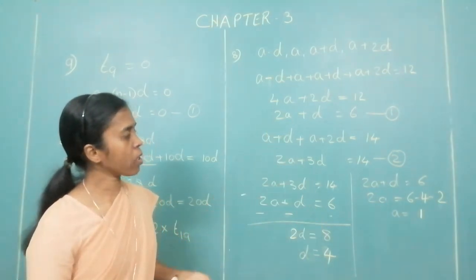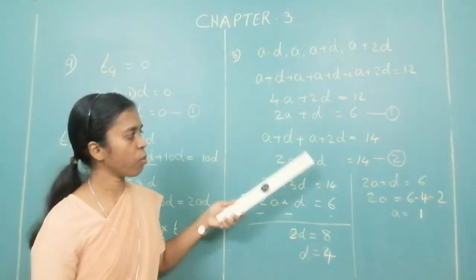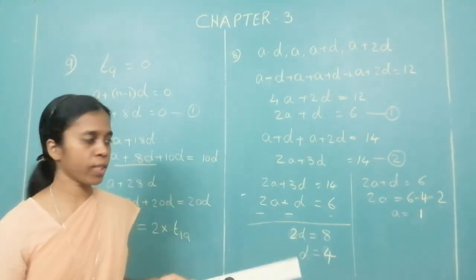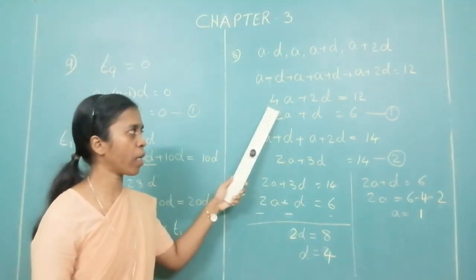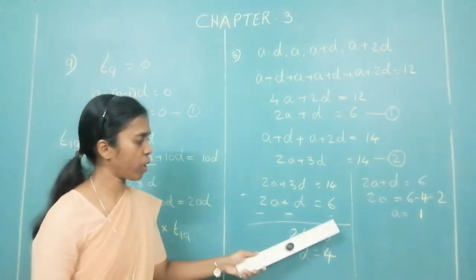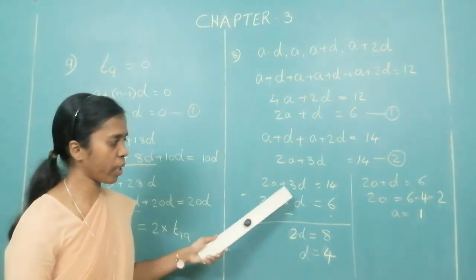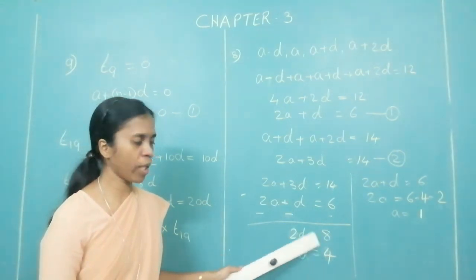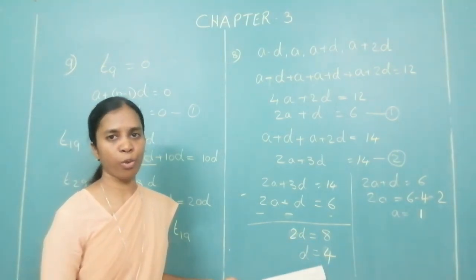When you subtract equation 1 from 2, please write the statements required. Subtracting equation 1 from 2, so 2 you have to write first, then 1. Change the signs throughout. You get 2D is equal to 8. Therefore D is equal to 8 upon 2, that is 4.